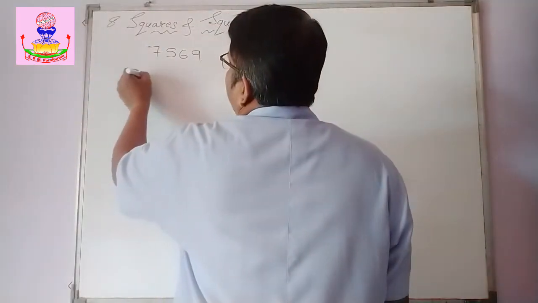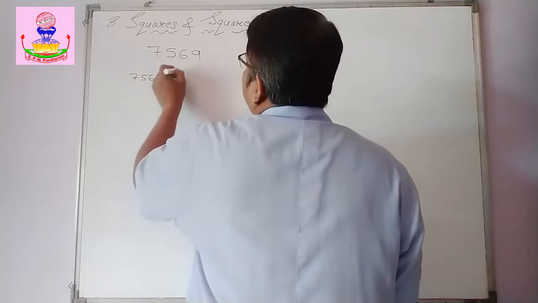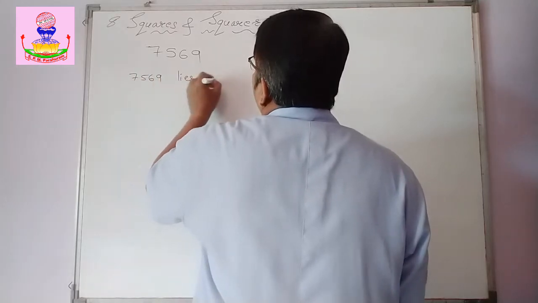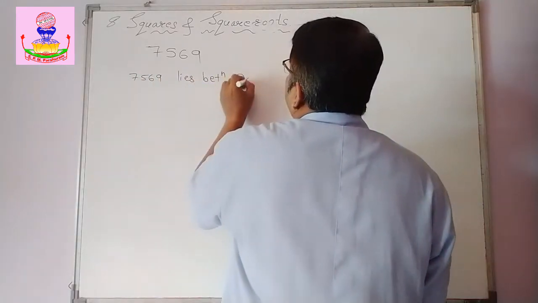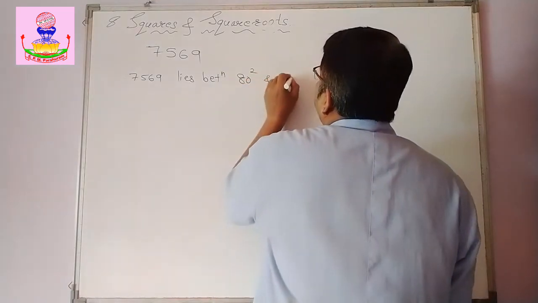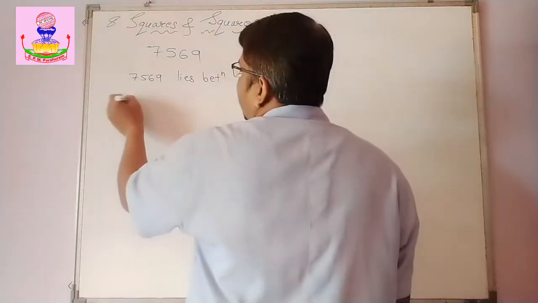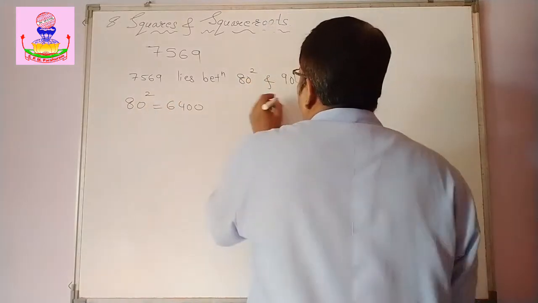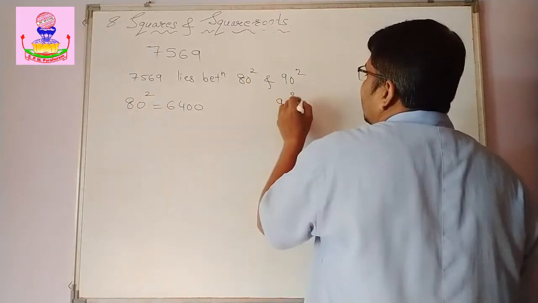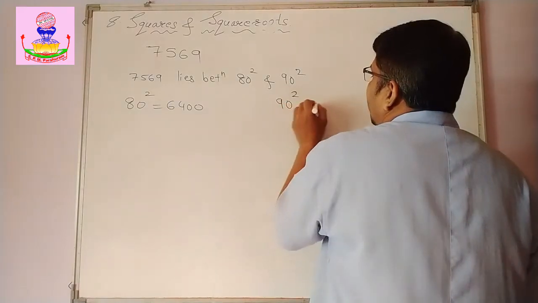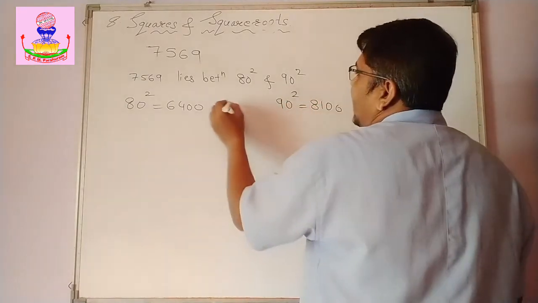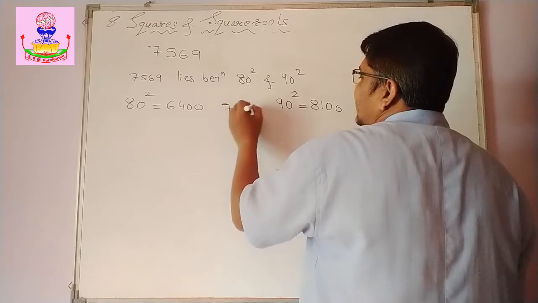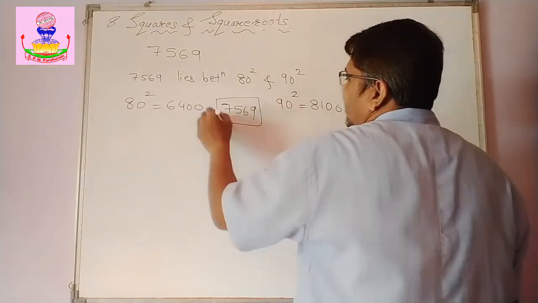So we can say 7569 lies between what? 80 square and 90 square. What is 80 square? 6400. And what is 90 square? 8100. So my number 7569 is in between it.